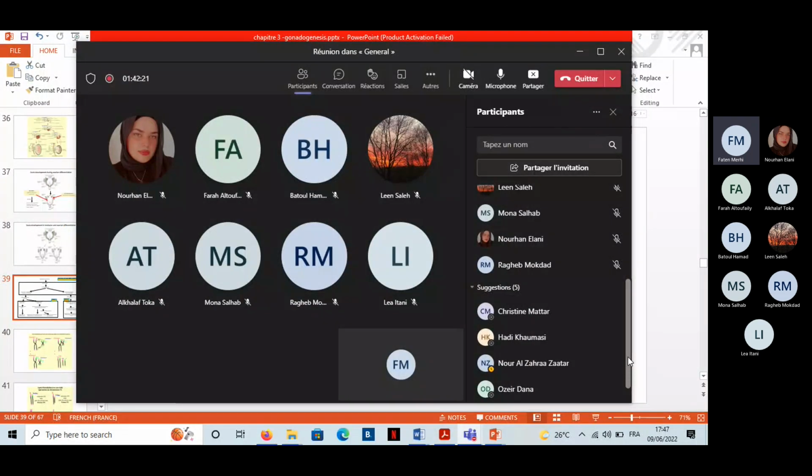Inside of them, we will have the primordial germ cells that will differentiate into spermatogonia, and we will have the Sertoli cells. Outside of those seminiferous sex cords, we will have the development of the Leydig cells. The Leydig cells will produce testosterone, which will lead to the maintenance of the Wolffian duct, and the Sertoli cells will produce the AMH, which will lead to the regression of the Mullerian ducts.